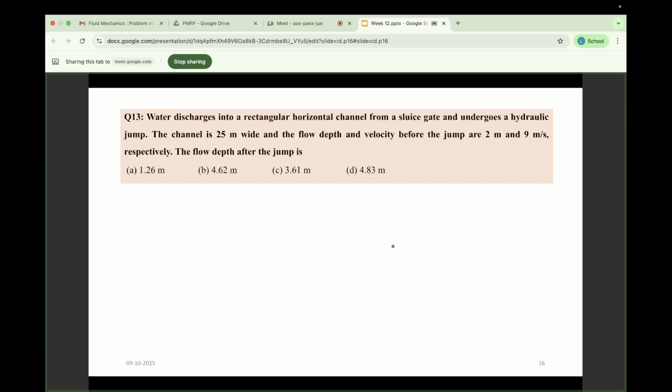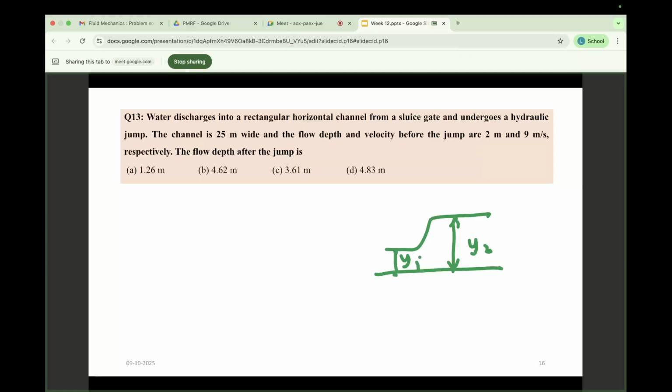So in this question, certain points are given. Say this is one point, this is another point. So this is y2, this is y1, right? What is given? The flow depth and the velocity before the jump.